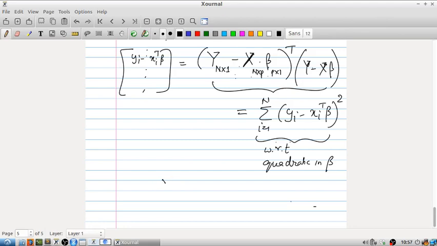This is just y minus x beta, transpose, times y minus x beta. This is the objective. How did I multiply?